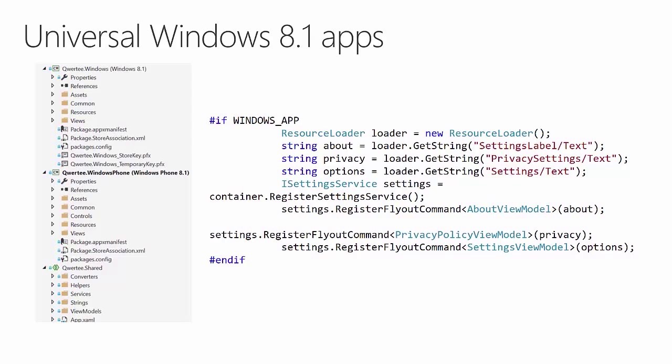This code is interacting with the settings charm. The settings charm is a feature that is available only on Windows, so this code is contained into an #if WINDOWS_APP block, meaning that this code will be compiled only if we are building the Windows project and not the Windows Phone one.